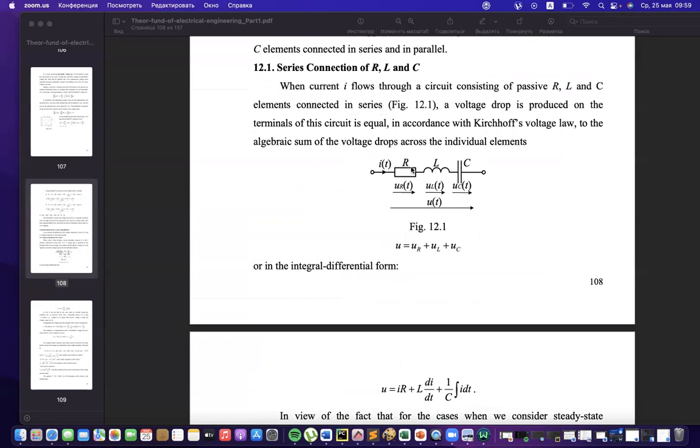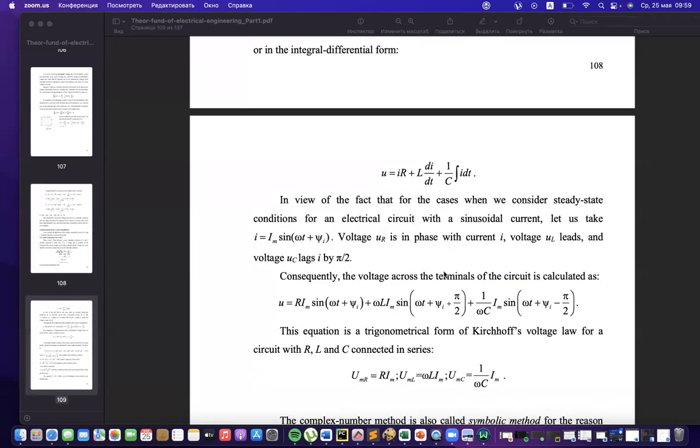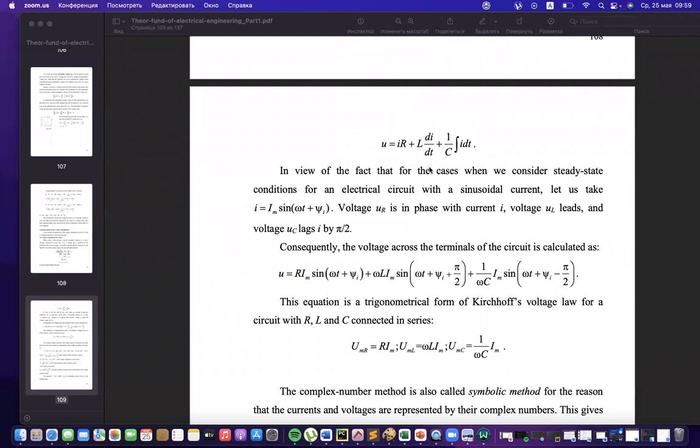And we moved to the serial and parallel connection of elements, and discussed that if we are connecting elements in serial R, L, and C, the voltages should be added between these elements. And in general sinusoidal form, because for the coil, the general equation is a derivative of current, and for the capacitor, the general equation is an integral function of current.